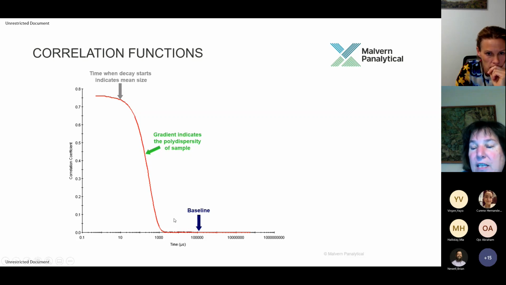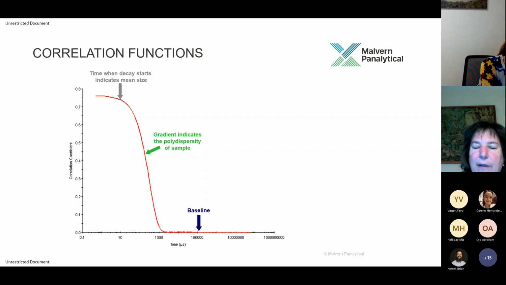And the baseline tells me whether there's large aggregates, whether there's particles sedimenting, whether I might have something like a number fluctuation going on. If the correlation function doesn't come down to baseline, there's a lot of issues with your data.